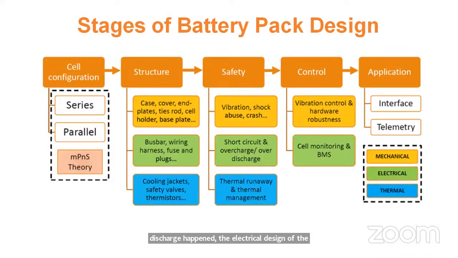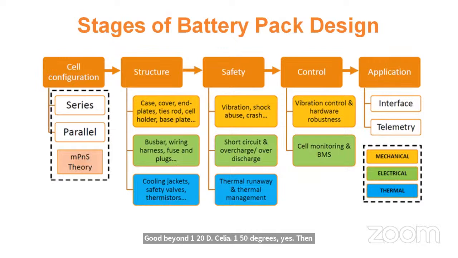Then the thermal safety, in terms of thermal. Suppose by chance the battery heats up. Usually, if the temperature of the cell, if the temperature of the battery goes beyond 120 or 150 degrees Celsius, then thermal runaway could happen.